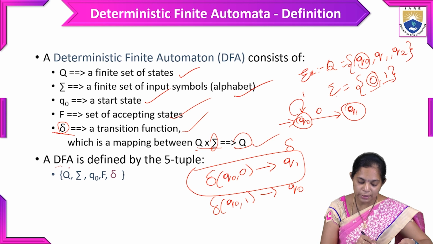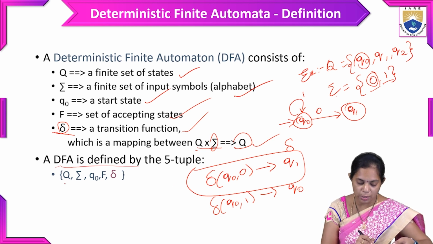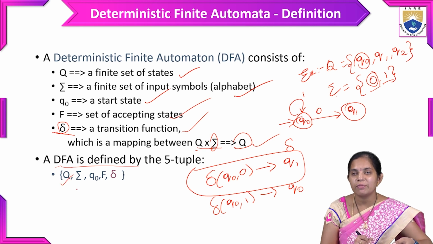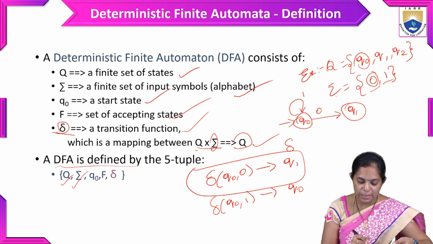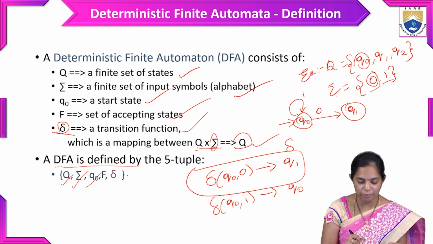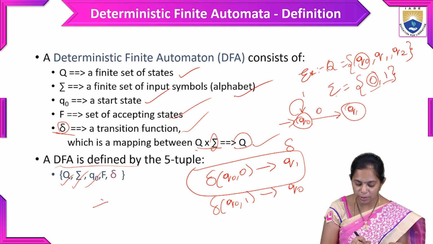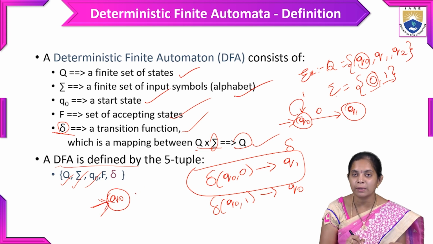This DFA is defined by the five tuple notation. Q is a finite set of states, sigma is the set of input symbols used to design a DFA, and Q naught is the initial state. Generally we write Q naught as the initial state, and the arrow mark represents that it is the initial state.